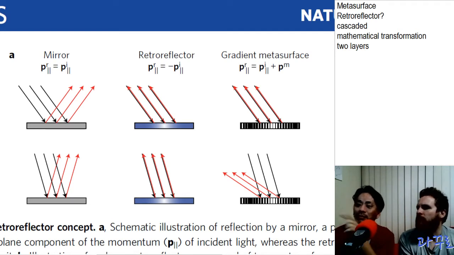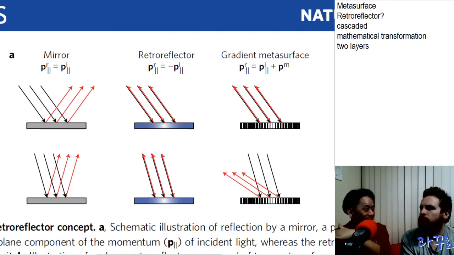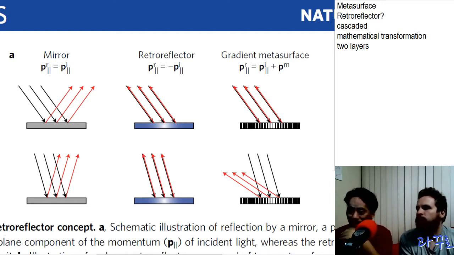So the P is the momentum. P_R parallel and P_I parallel are the directions parallel to the plane. R means reflection and I means incidence.